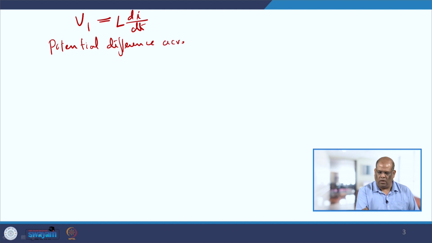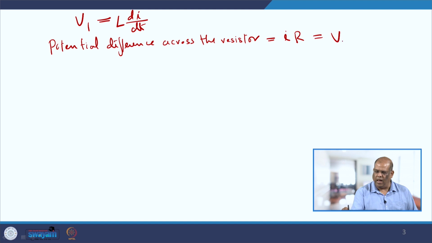So, mathematically, if V1 is the potential difference across the inductor, that depends on the rate of change of current passing through the inductor, and the potential difference across the resistor is equal to I into R, which we name V2.